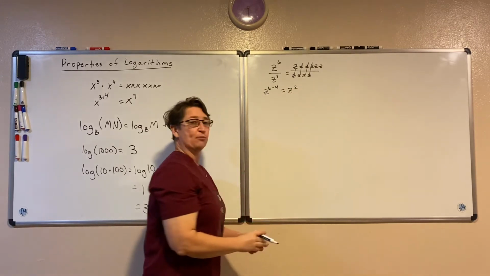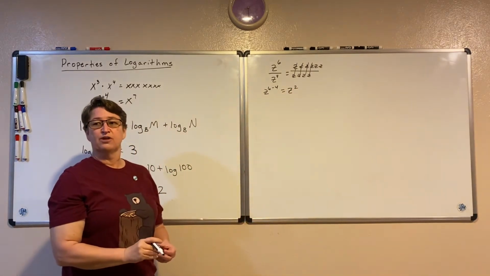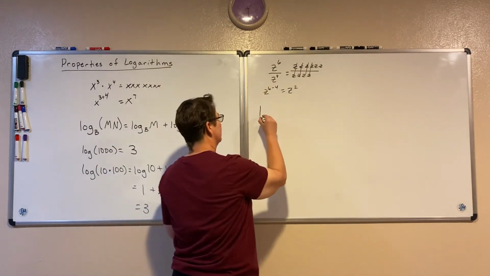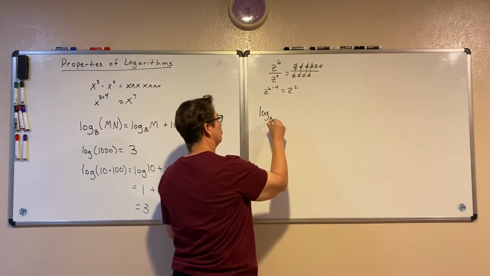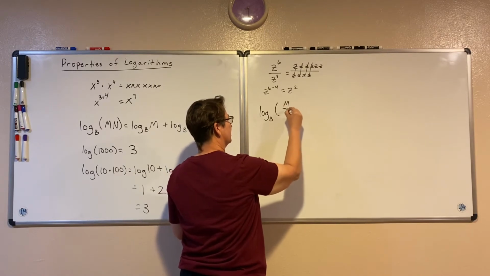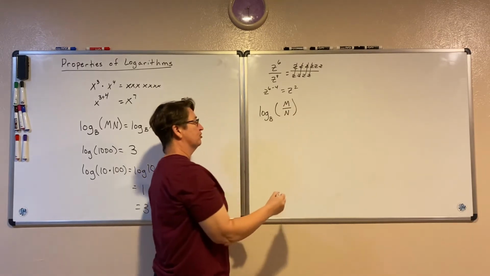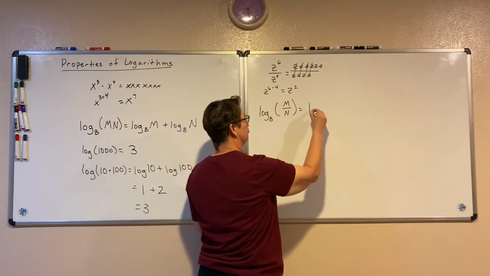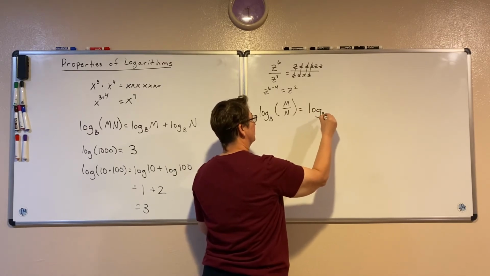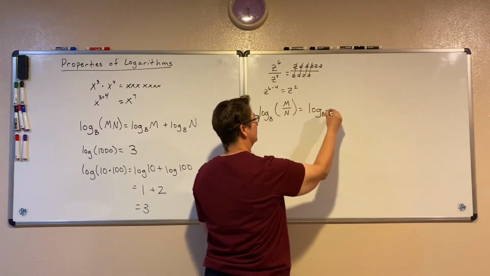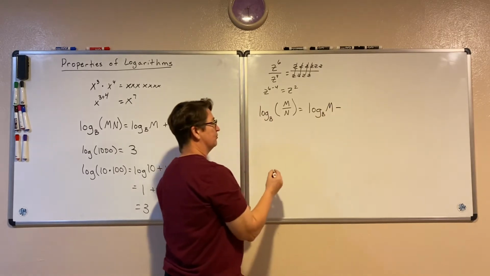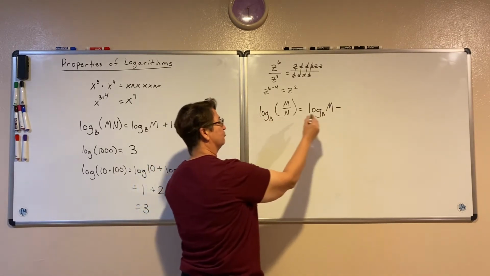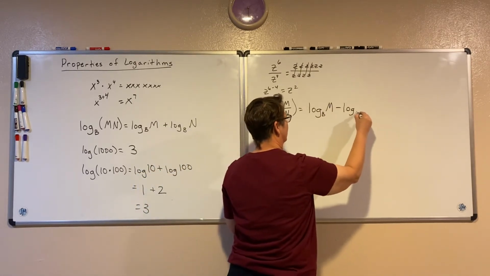There's a similar property or rule with logarithms, that when in my argument I have a quotient, I have something dividing in my argument, that's going to be equal to the difference between the two. I can take the log of my top number, the numerator, and subtract the log of that denominator.